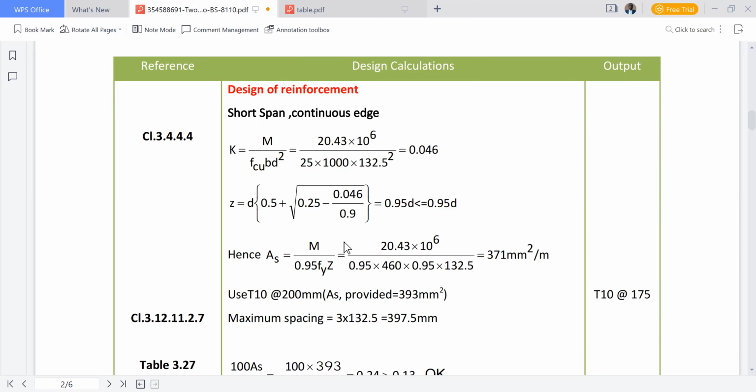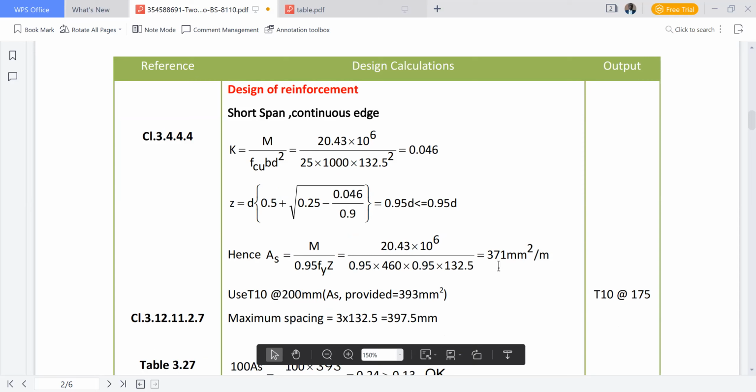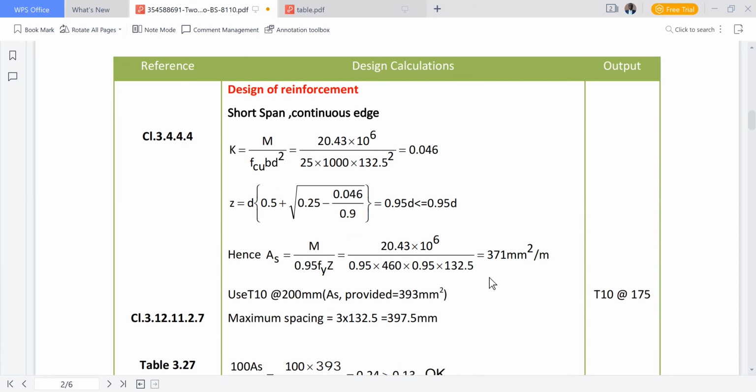From there, we will proceed and calculate steel area, reinforcement area, which is given by that. And now you substitute, you find it is 371 millimeter square per meter. Now from here, we'll go to our table of reinforcement and read. Now we are looking for an area which will give us 371 or slightly more than that.